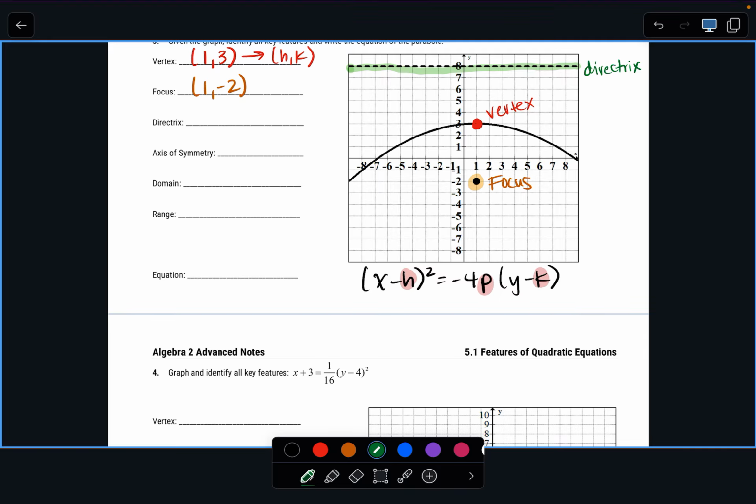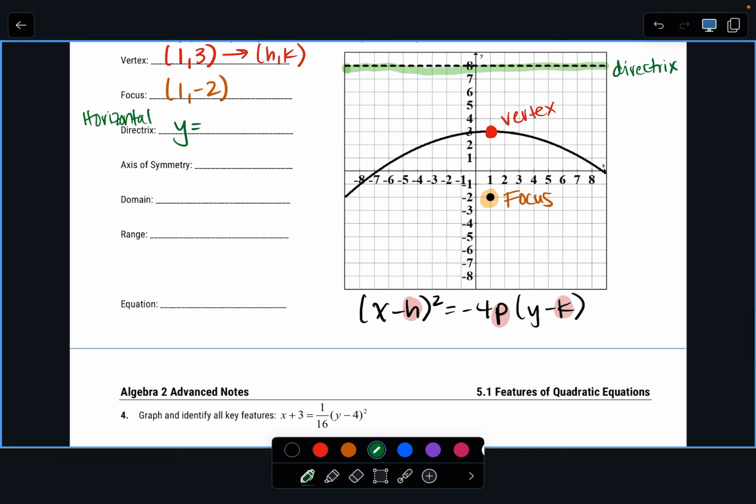The directrix is going to be a horizontal line, and just as a reminder, horizontal lines are y equals, and you just want to see what is the y value that it's passing through, and ours is passing through 8. The axis of symmetry is a line that goes directly down the middle of the parabola, and in this case it is a vertical line, and that is going to go through x equals 1.